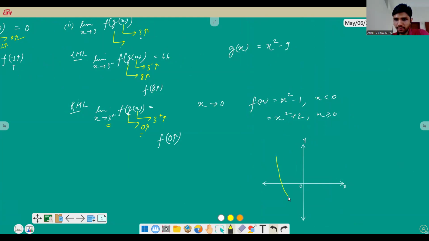So the graph will be a parabola opening upwards. Obviously, this point will be minus 9, and it has two roots. x square minus 9 has two roots. So here it will be 3 and here it will be minus 3.